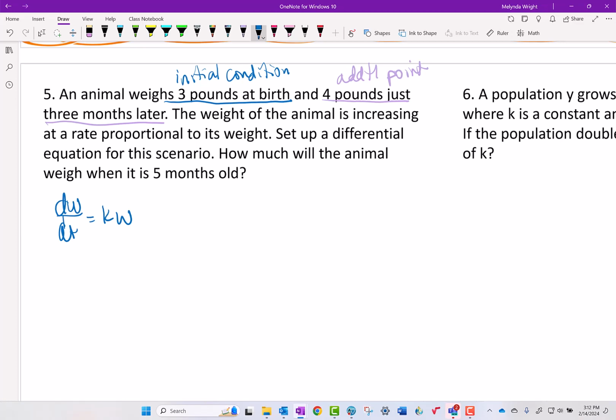The rate that the weight is increasing is proportional to the weight. Now, in this case, I would love to go to the initial condition. I actually am going to go to the initial condition, but we are missing one thing. We have our initial condition, but what do we not know? We don't know K.